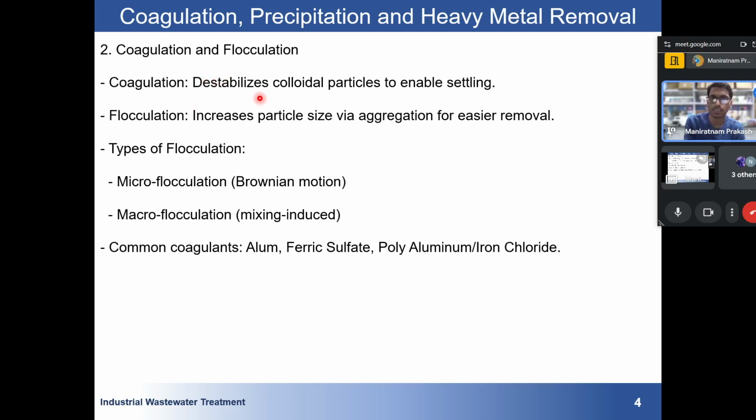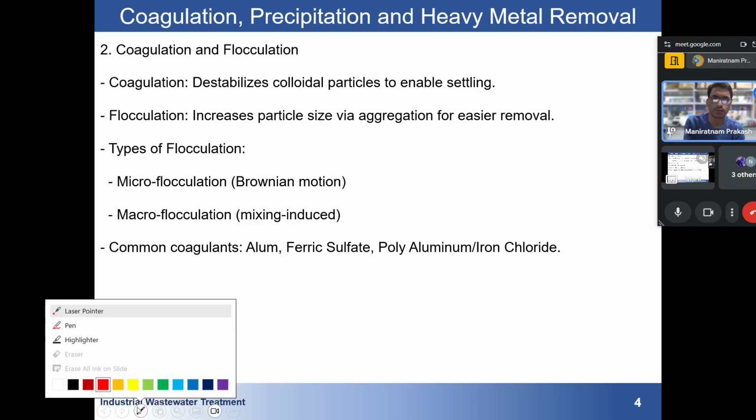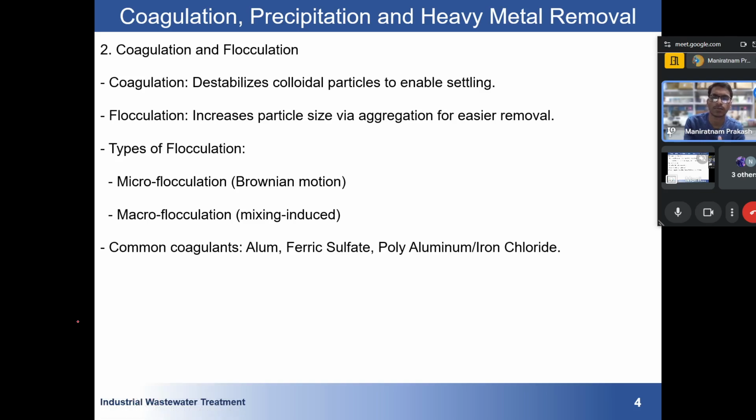Coagulation is destabilizing colloidal particles to enable settling. If you briefly recall, in simple wastewater treatment, some larger particles are removed at a screening chamber. Then it goes into the second unit, the primary sedimentation tank, where suspended particles are settled.